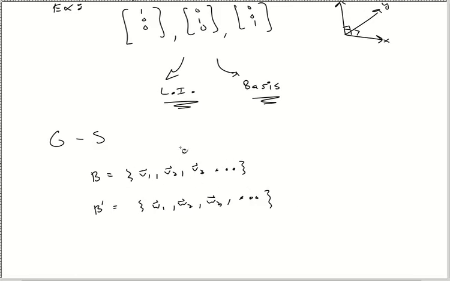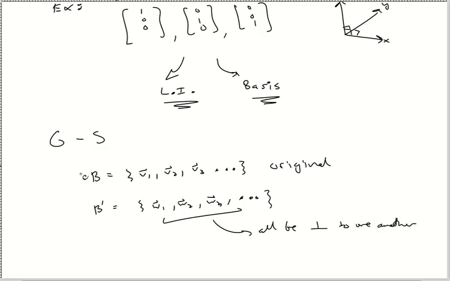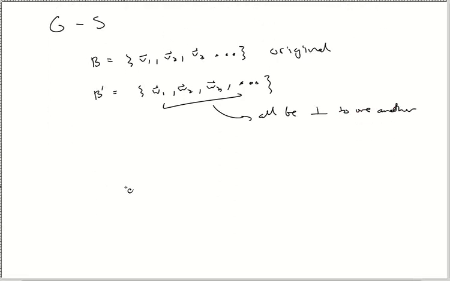So I have an original basis, and I'm wanting to make an orthonormal basis from that. These w's will all be orthogonal to one another. That's the promise that Gram-Schmidt is giving you.